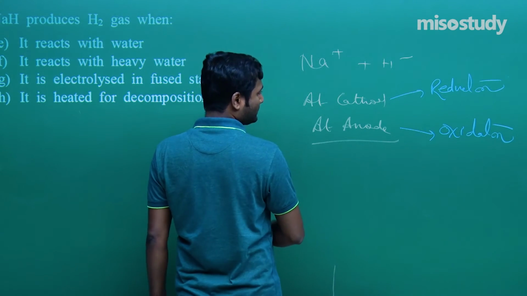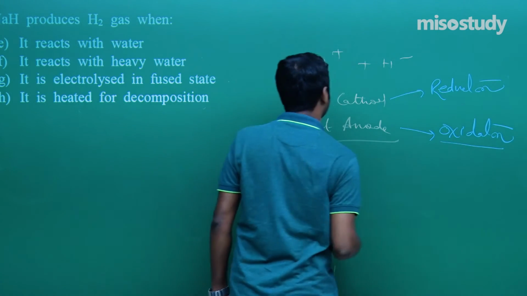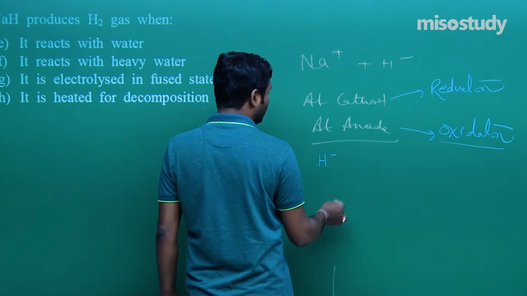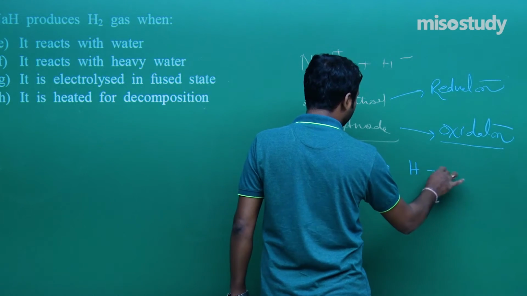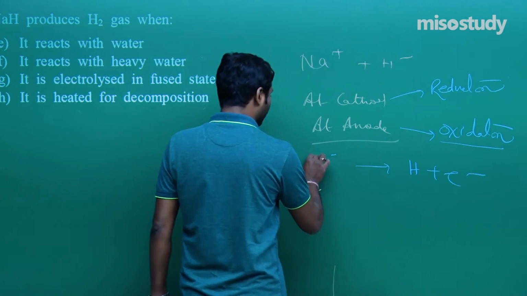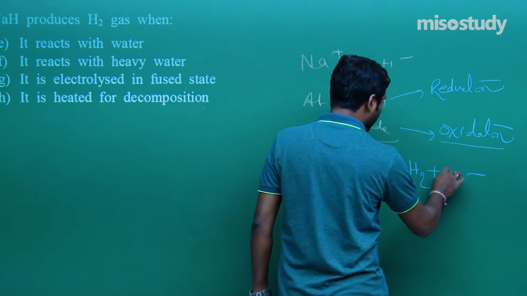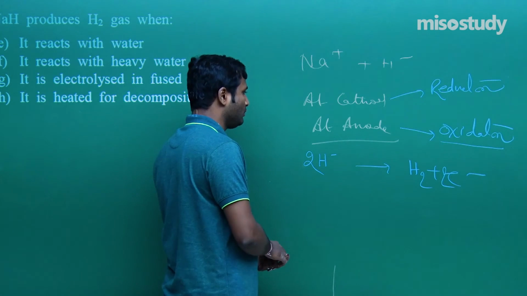Clear? Oxidation takes place, and H- gives H plus 1 electron. If I balance, 2H- gives H2 plus 2 electrons.